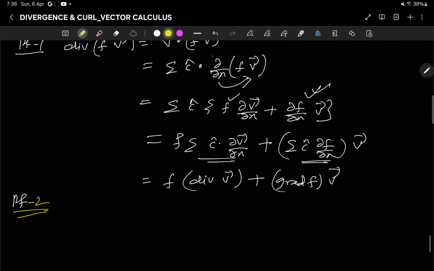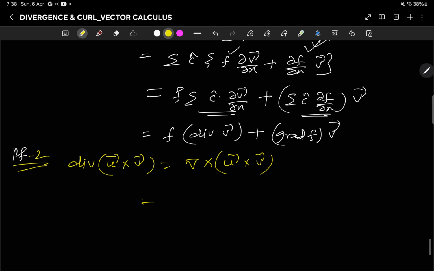Coming to proof 2, div of u cross v. So this is equal to summation of i cap dot del by del x of u cross v. It is a div, so it should be dot.